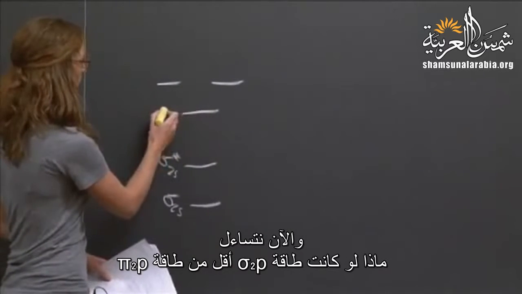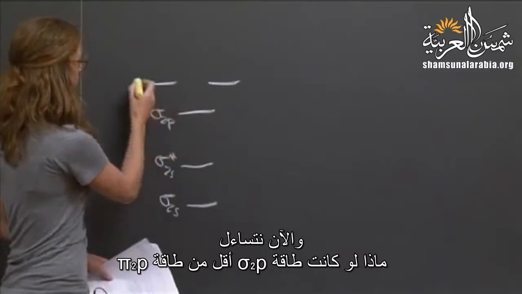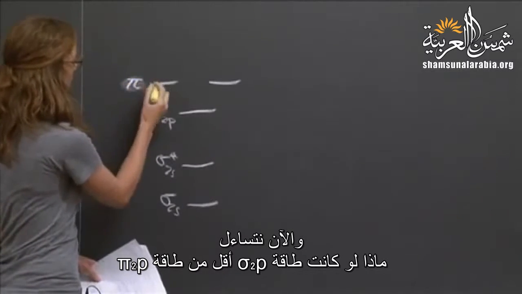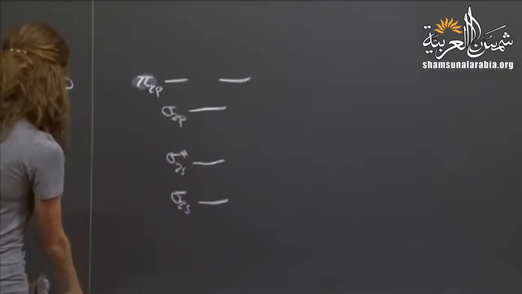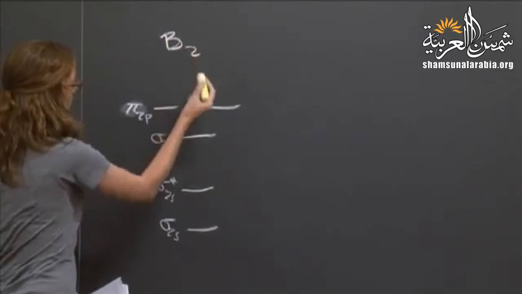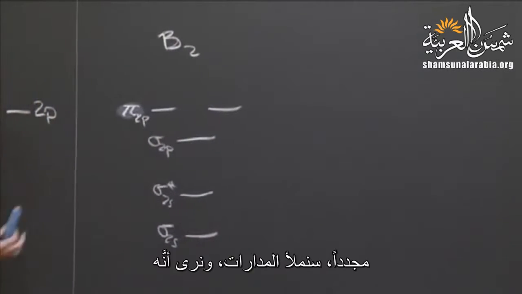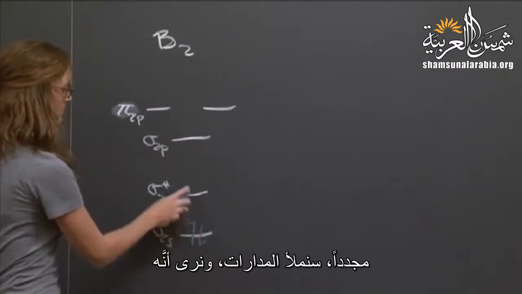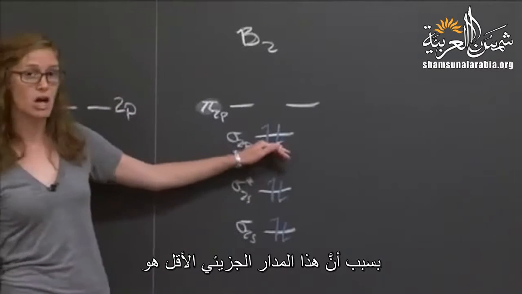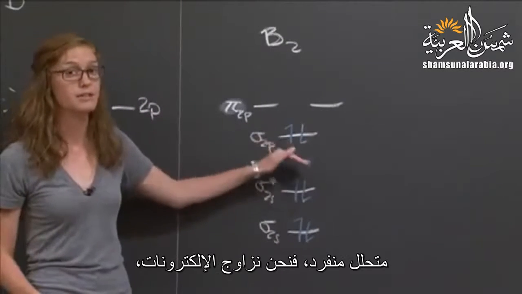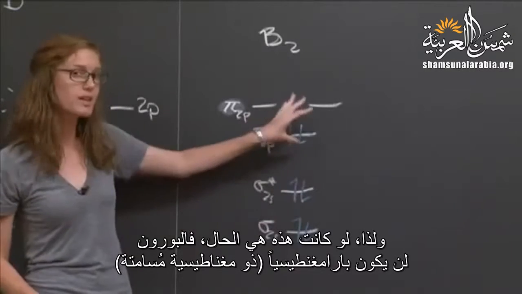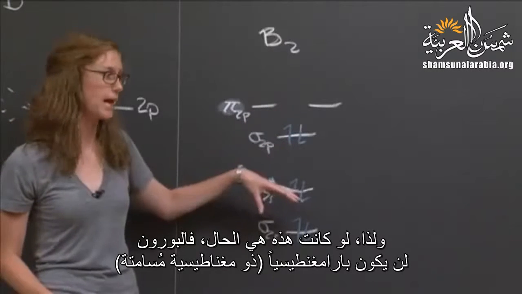And now we're just looking at what if the sigma 2p was lower in energy than the pi 2p. And again, we would fill up our orbitals. And we see that because this lowest occupied molecular orbital is singularly degenerate, we pair up our electrons, and so if this were the case, boron would not be paramagnetic.